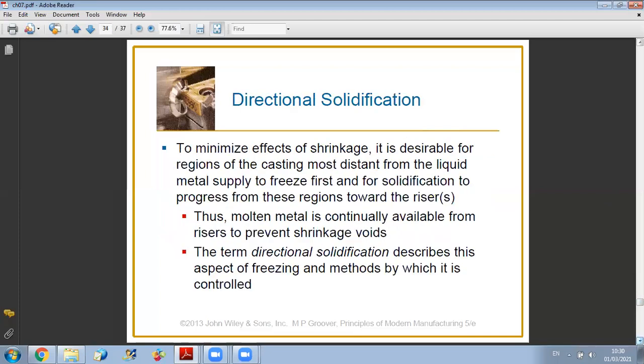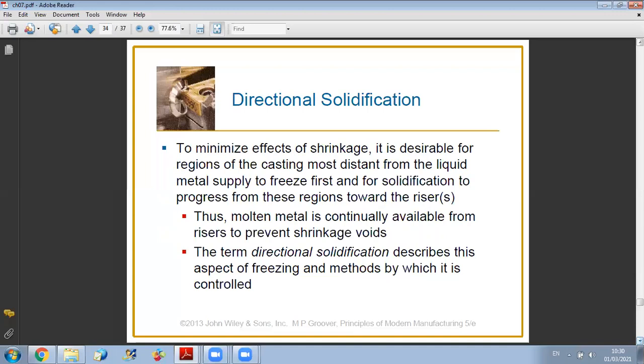Now, what about directional solidification? As we have seen, solidification will depend on the time of solidification. So we try to have zones of low solidification time far from the riser and zones of high solidification time close to the riser.